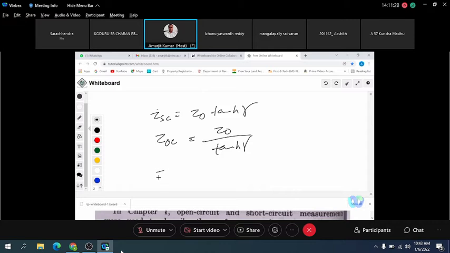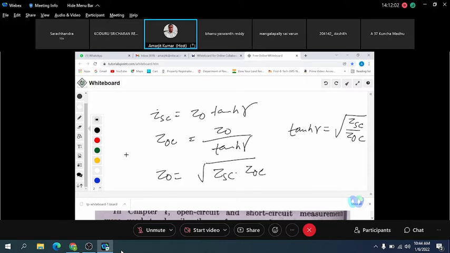So what will be Z0 in terms of open circuit and short circuit impedances? This is one equation. Number two, what will be gamma? Gamma also we have to calculate. So what will be gamma? Tan hyperbolic gamma will be equal to under root ZSC upon ZOC. Is it correct or not?